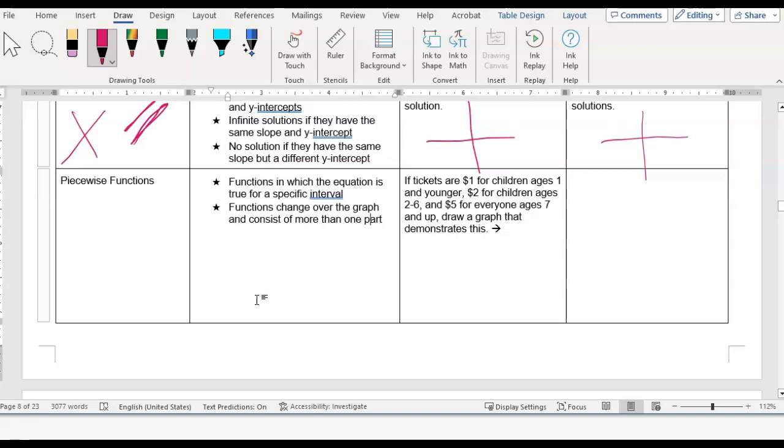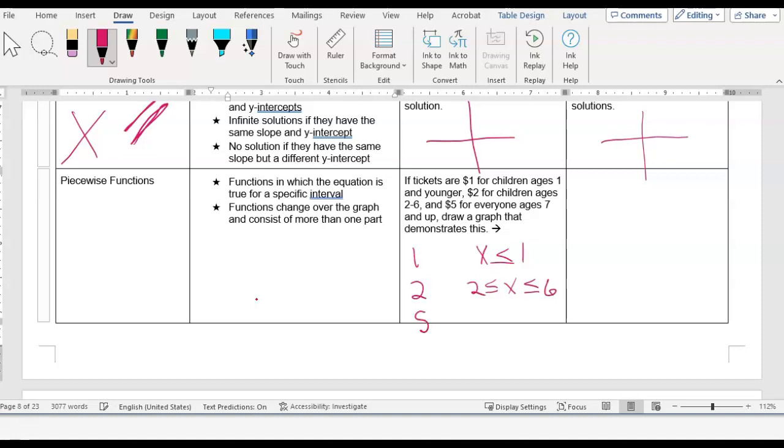Piecewise functions are functions that have different rules for different intervals. So this one is a practice for if tickets are $1 for children ages 1 and younger. So $1 for children ages where x is less than or equal to 1. $2 for children ages 2 to 6, so where x is greater than or equal to 2 and less than or equal to 6.